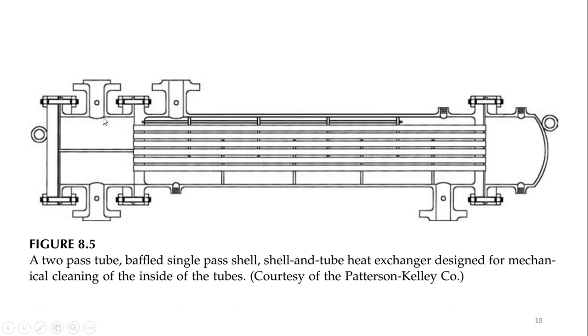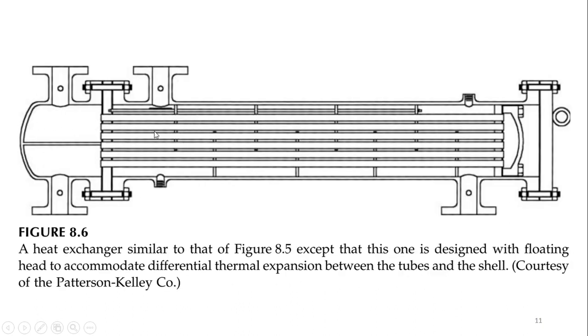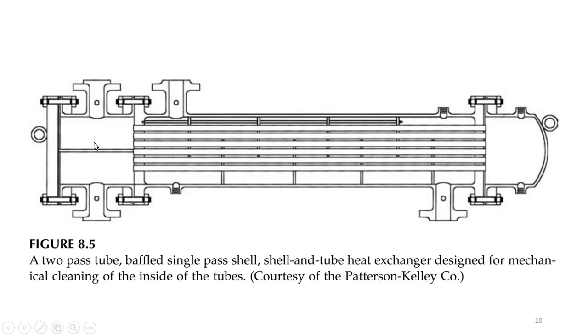What we do is remove the front head and the rear head, and after that we can easily clean the tubes inside the shell and tube heat exchanger. If we have U tubes, the U tubes are difficult to clean as compared to straight tubes in the shell and tube heat exchanger.